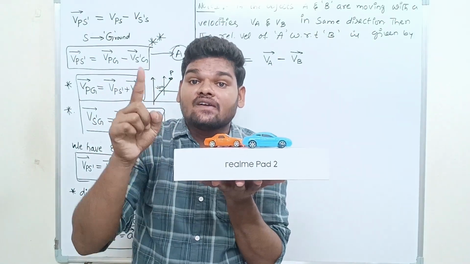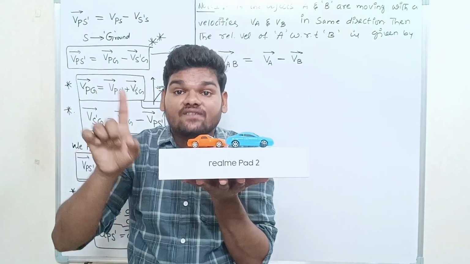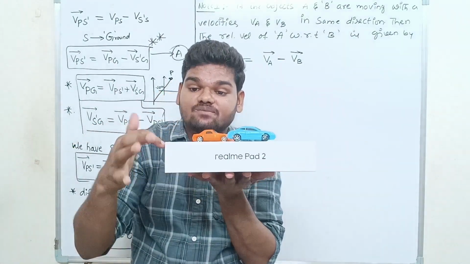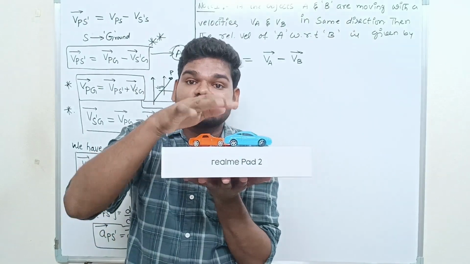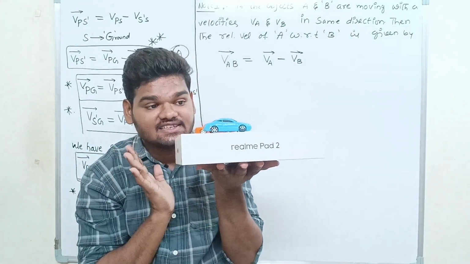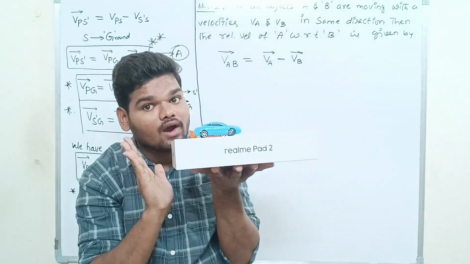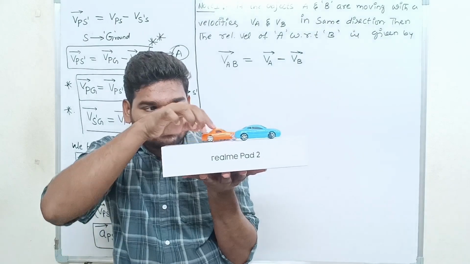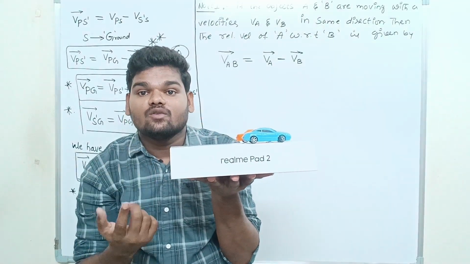So who is the first observer with respect to these two objects? The ground. So this ground sees the two objects. It is observing the two objects, with how much velocity they are moving.